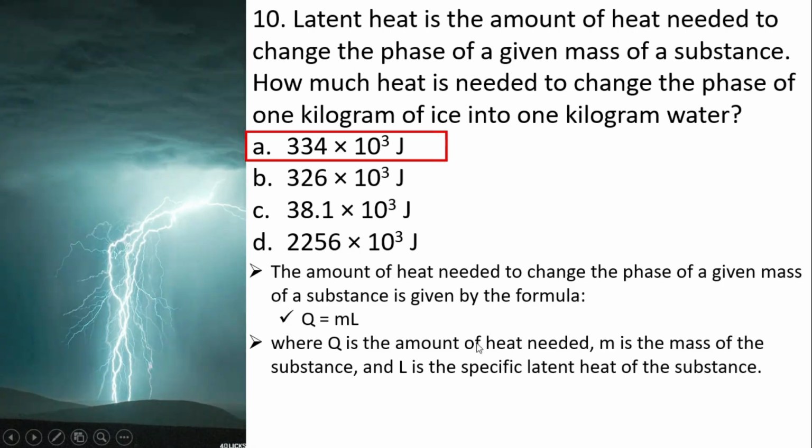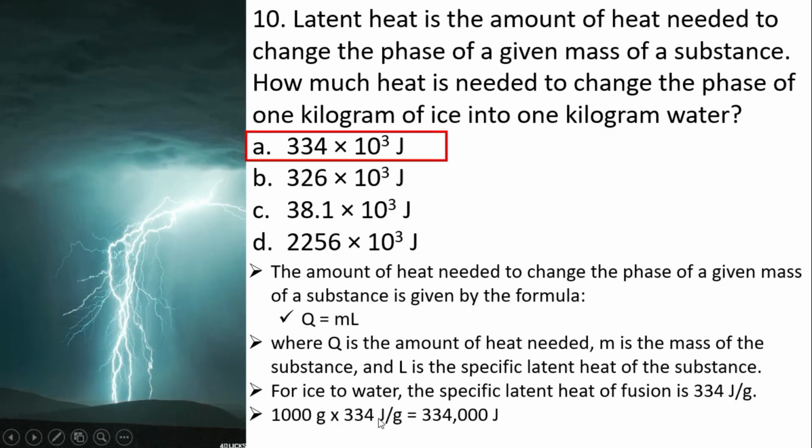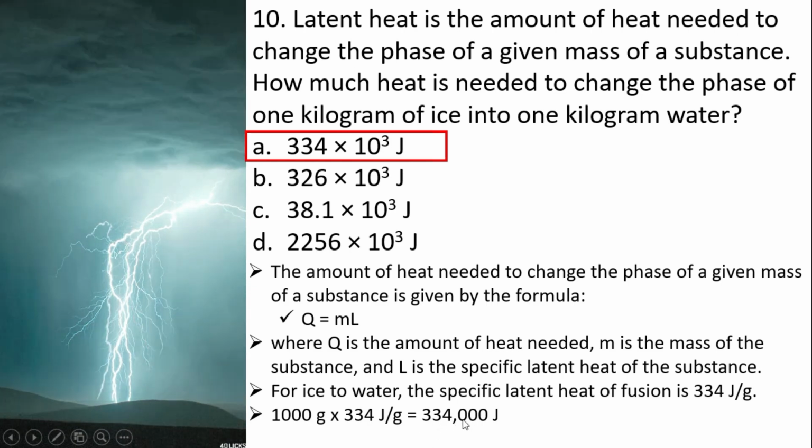And the specific latent heat of water is equal to 334 joule per gram. So 1 kilogram, which is 1,000 gram, times 334 joule per gram is equal to 334,000 joules, or 334 times 10 raised to the power of positive 3 joules. So letter A is the best answer.